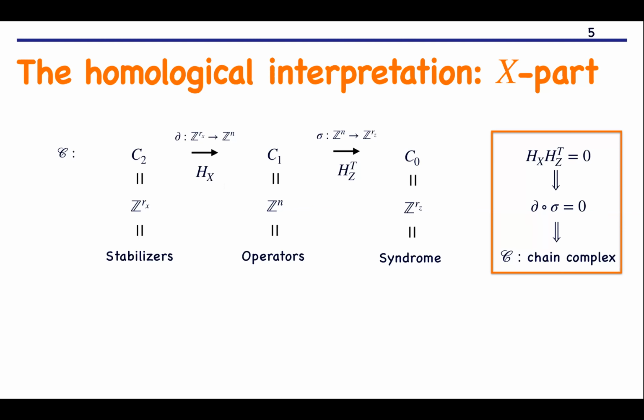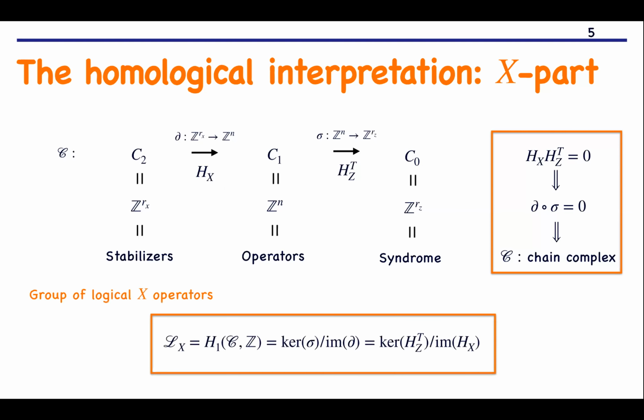And so now we can use the standard interpretation of homological codes and state that the logical X operators are simply given by the first homology group of the chain complex over Z. This is the intuition that the logical X are those operators that have trivial syndrome, but they cannot be generated by the stabilizer.